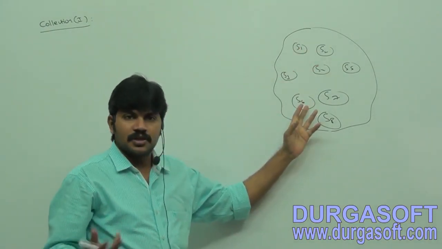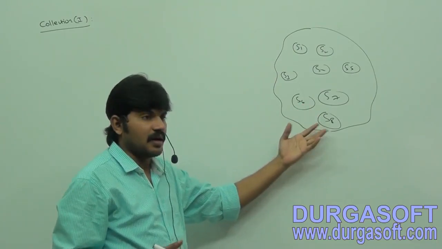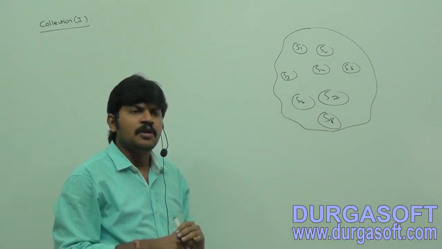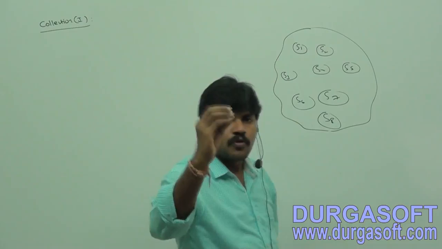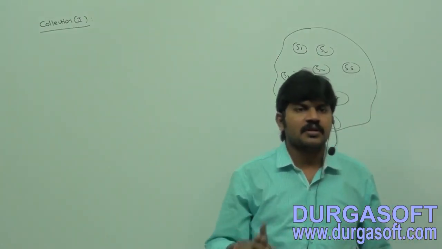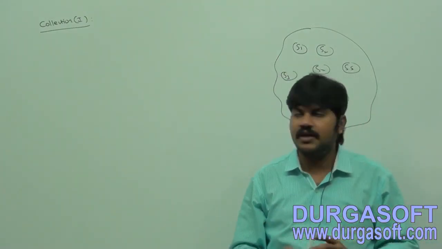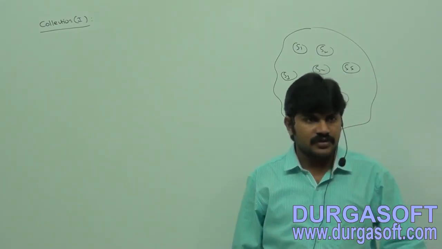It may be ArrayList, LinkedList, Stack, TreeSet or HashSet. For any collection object, the most commonly required methods are defined in the Collection interface.